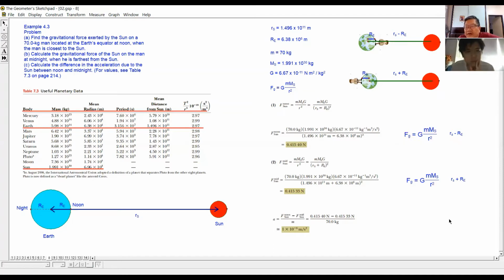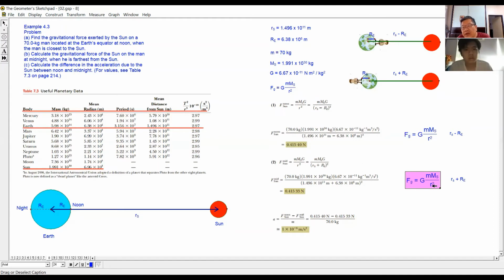The force of attraction between the sun and the man during the night still follows the same formula. The force of attraction between the man and the sun is the universal gravitational constant multiplied with the mass of the man, the mass of the sun, and divided by the square of the distance between them.